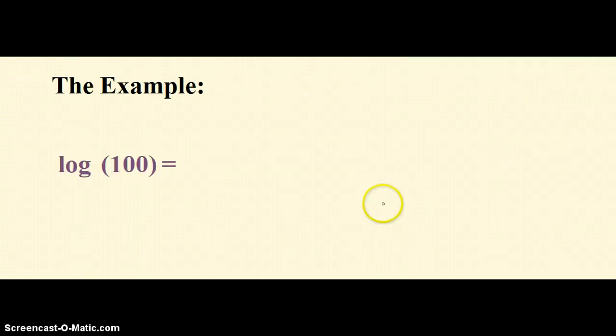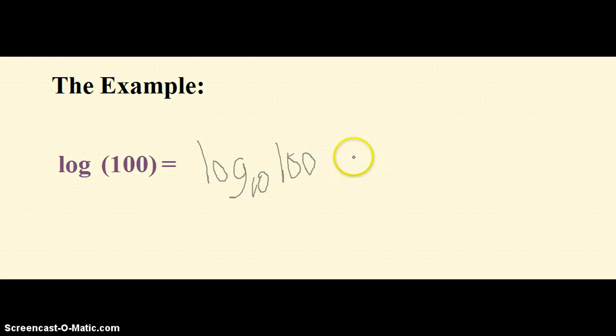One final example to help us out. If I have the log of 100, this is the same thing as the log base 10 of 100, which can be rewritten in exponential form as 10 to the unknown power of x equal to 100.